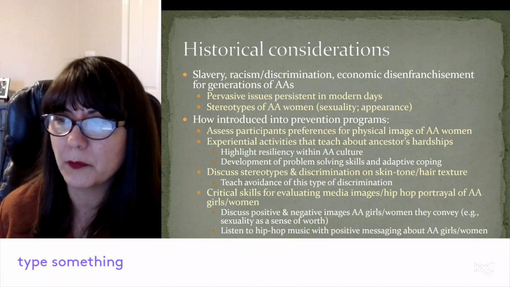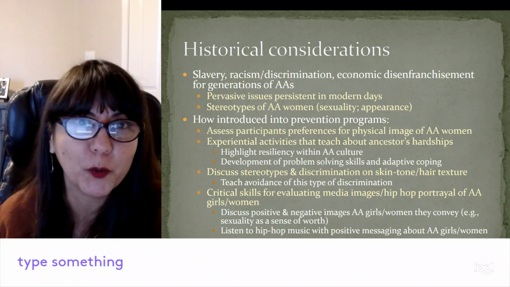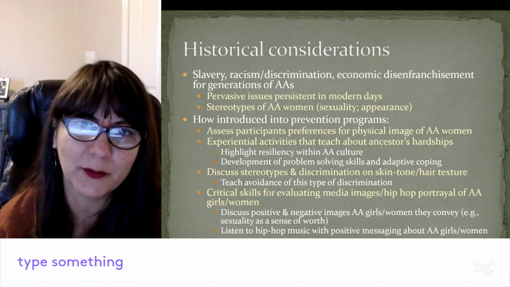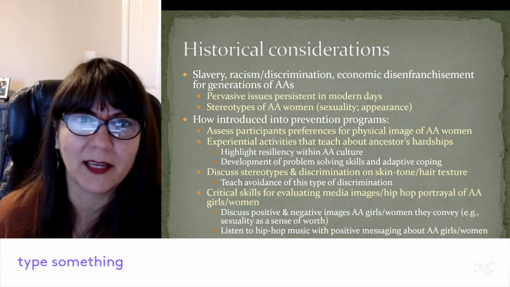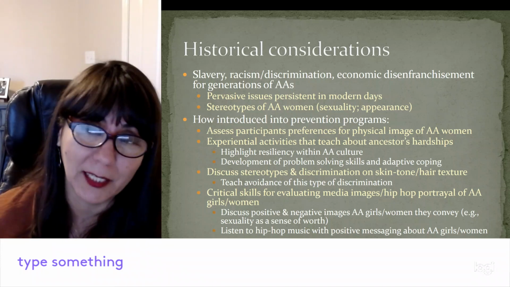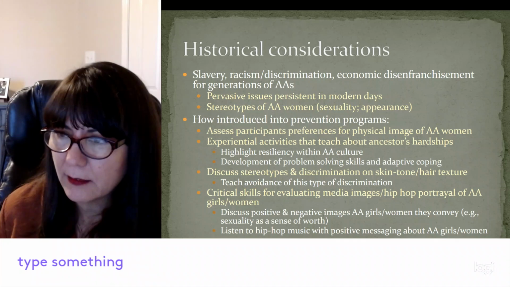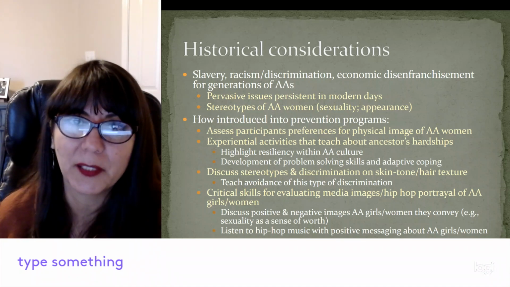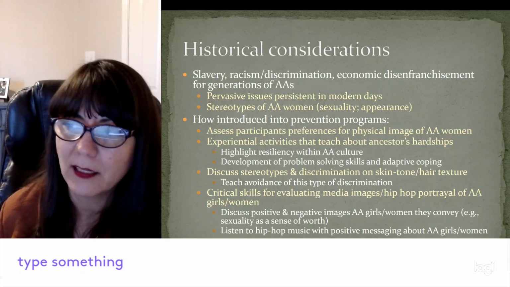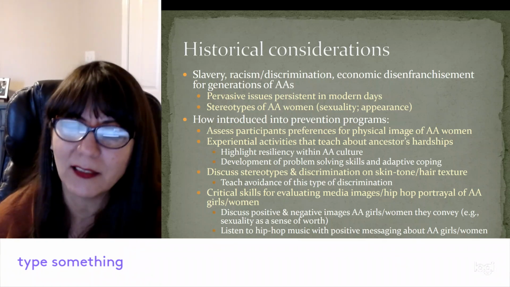They talked about problem-solving skills and adaptive coping, and just good coping strategies, and not coping strategies that might involve high-risk behaviors, right? They talked about skin tone, discrimination against skin tone, so that darker people are discriminated against, and taught them not to do that.